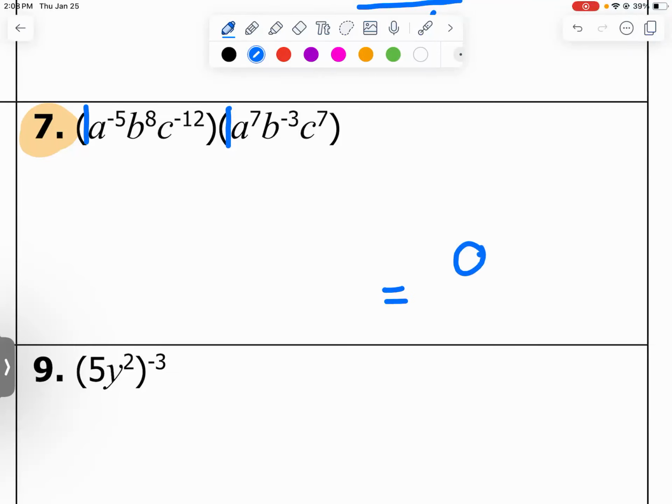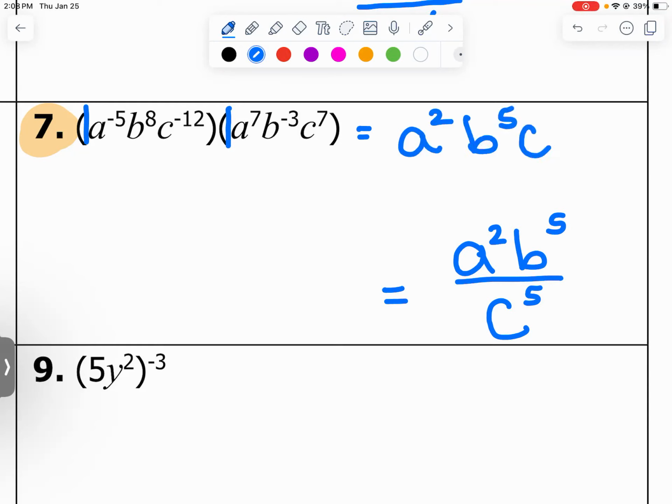A to the power of 2, B to the power of 5 divided by C. Okay, do you agree? Yeah. Okay, when we multiply these together, we add the exponents, add the exponents, add the exponents. We have 1 negative exponent we need to take to the downstairs. Okay.